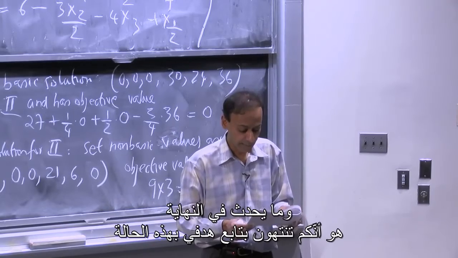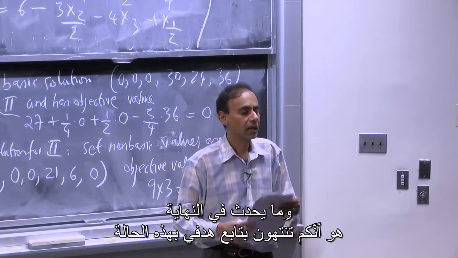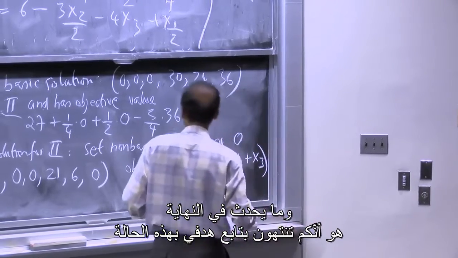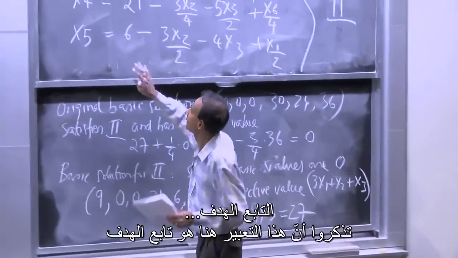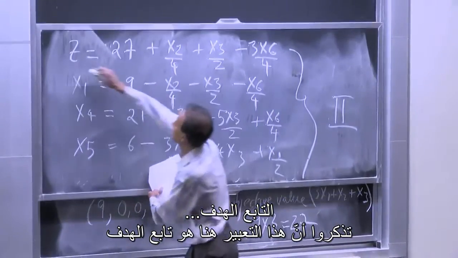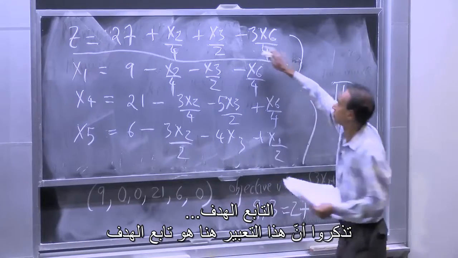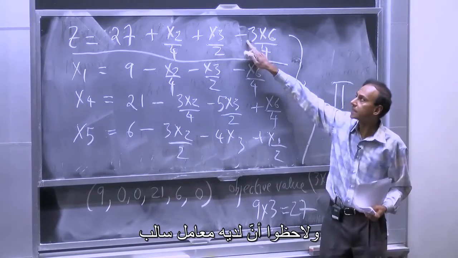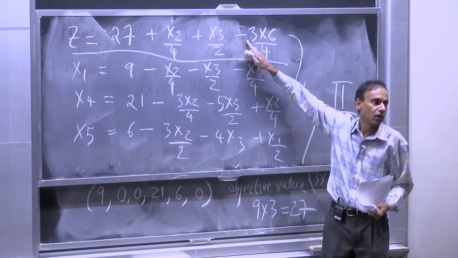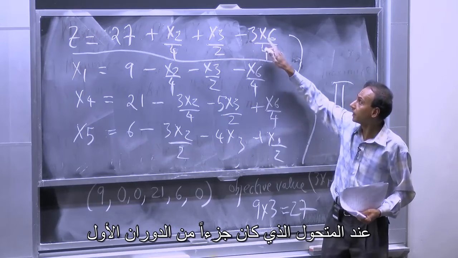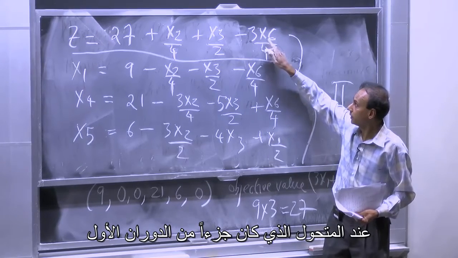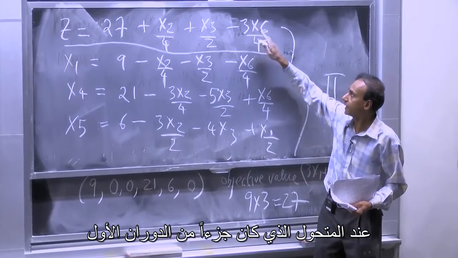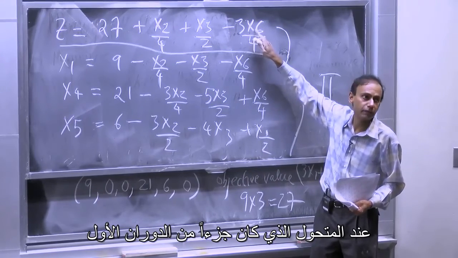optimum is. And what ends up happening is you end up with an objective function. In this case, the objective function, mind you, this thing over here is the objective function. And notice that it has a negative coefficient on the variable that was actually the part of the first pivot, right?